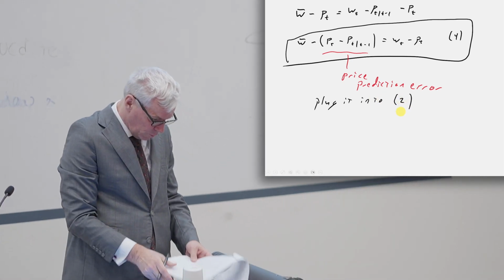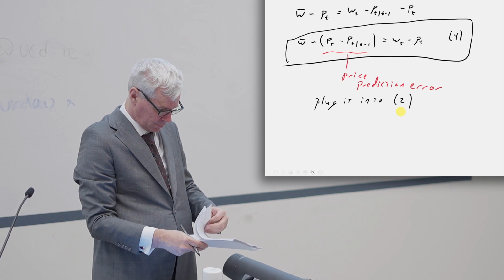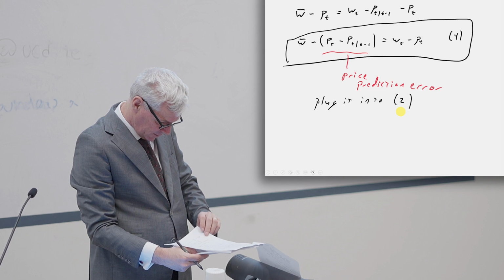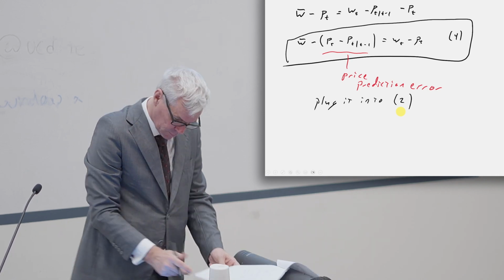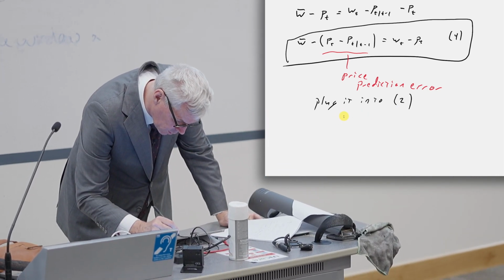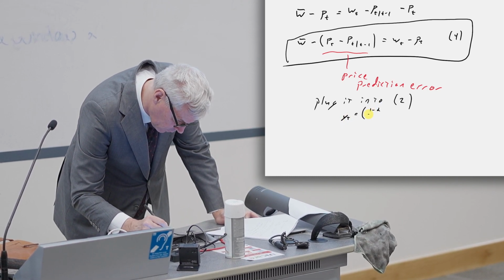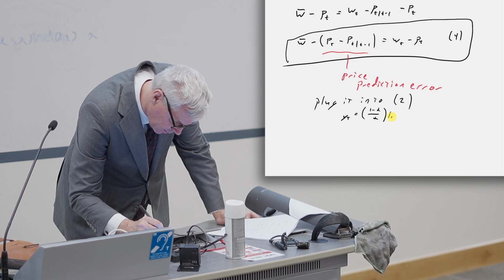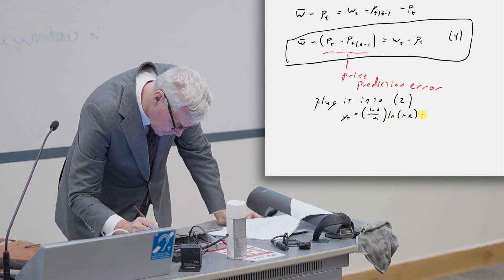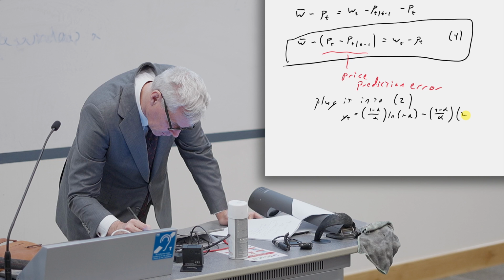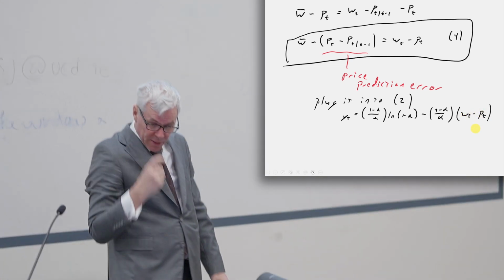Let me remind you what 2 was. 2 was yt equals (1 minus alpha) over alpha, ln(1 minus alpha), minus (1 minus alpha) over alpha, (Wt minus Pt), right? That's 2.